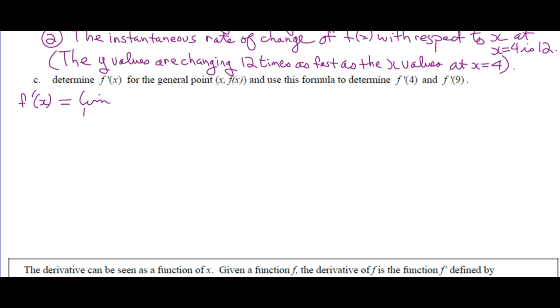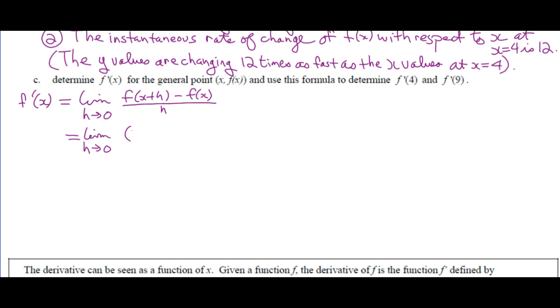F prime of x is the limit as h approaches 0 of f at x plus h, right? Because we're dealing with the x now, minus f of x, over h. Okay, so what's the definition of the function?